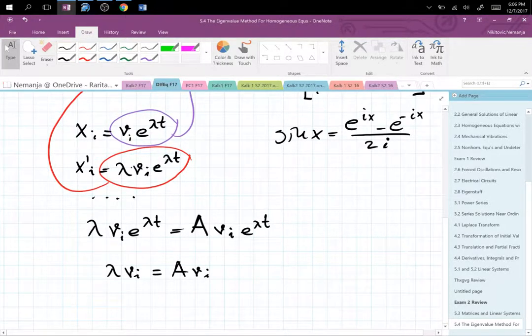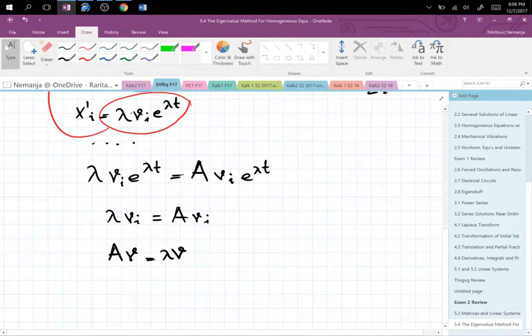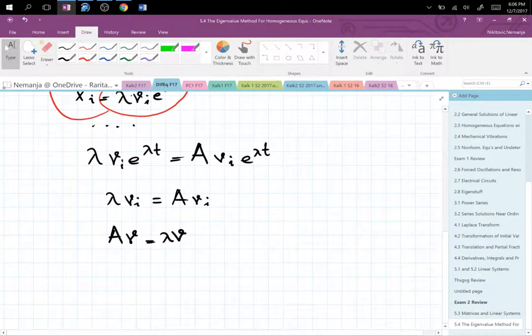And then the form that we actually use is lambda v equals A v. We can drop these i's because it's known what it is. So we get this, and now subtract lambda v on both sides. You get A v minus lambda v equals 0.